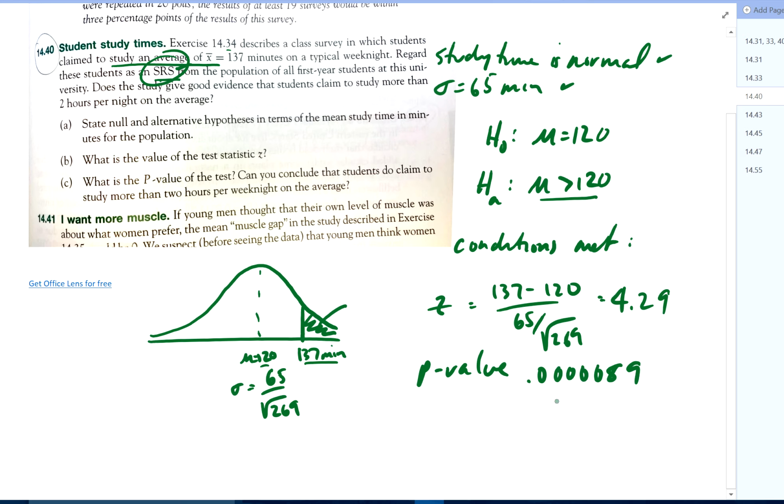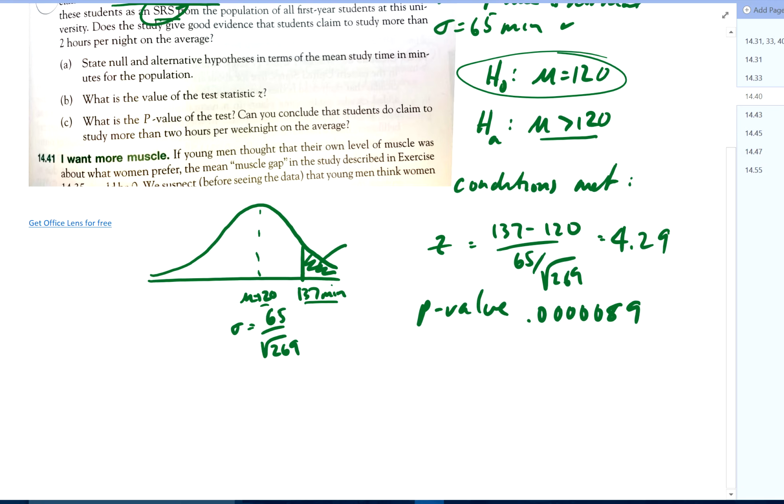So this is really not likely to happen by chance. If the average is 120, for me to get 269 kids with an average of 137 is highly unlikely, but it did happen. The only thing I assumed was that the average is 120, so that makes me really question that 120.